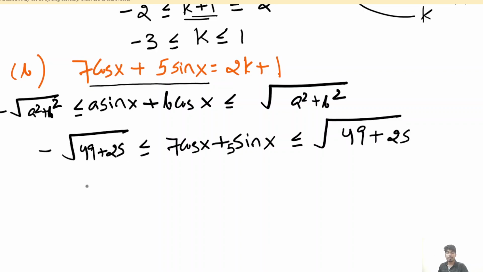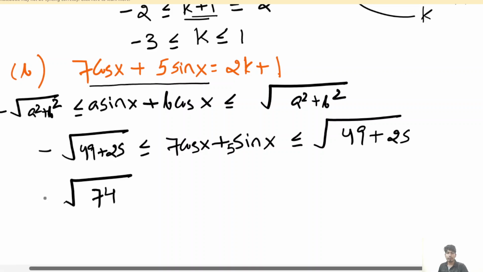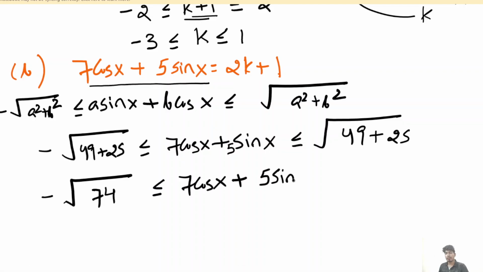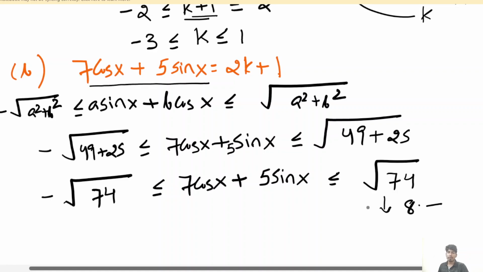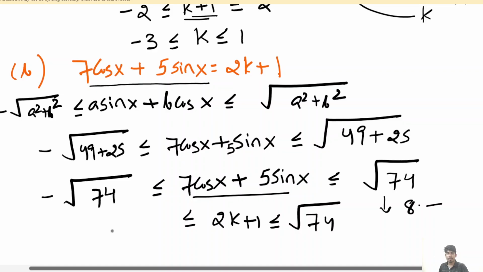This becomes the root of 74, and the root of 74 is 8 point something. Then 7 cos x plus 5 sin x equals 2k plus 1, so 2k plus 1 is less than the root of 74 and greater than minus the root of 74.